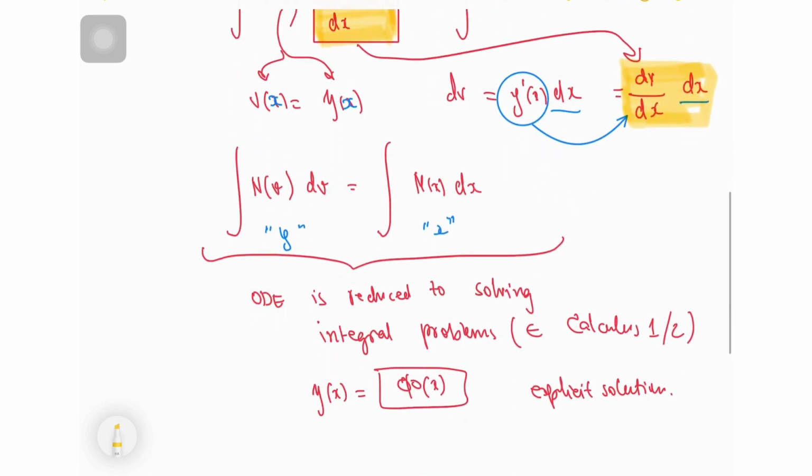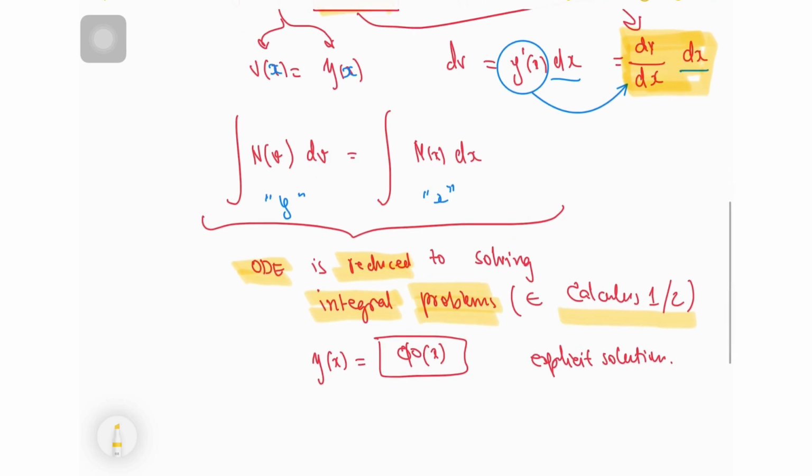And there we have the two different integrals on two different sides, so that solving the ordinary differential equation of this type is actually reduced to solving integration problems, which belong to calculus 1 or calculus 2, as you like. So when we solve that, then we have y of x equals phi of x for some function phi as an explicit solution.